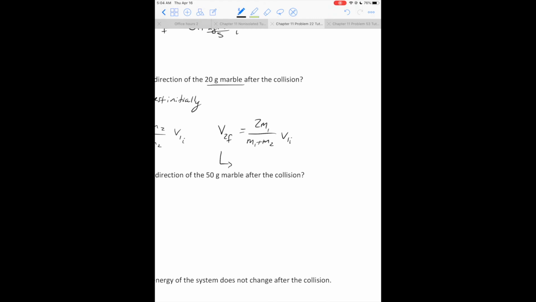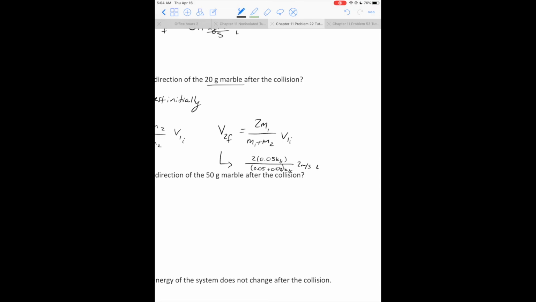And I'm going to say that I have 2 times 0.05 kilograms over the sum of 0.05 plus 0.02 kilograms times 2 meters per second. And I've got to be a little bit more careful.